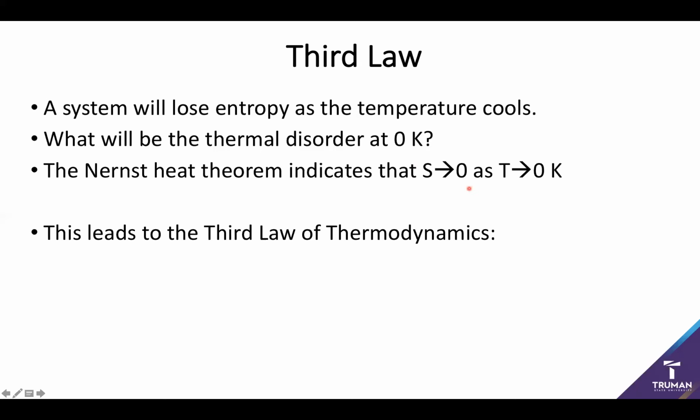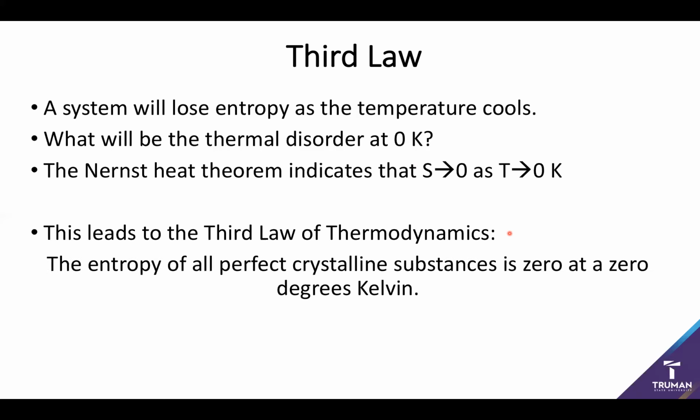So it's a little less flashy than the first two, but it is in fact quite important in essentially helping maintain our bookkeeping. And it essentially states that the entropy of a perfect crystalline substance at 0 degrees Kelvin is going to be 0.